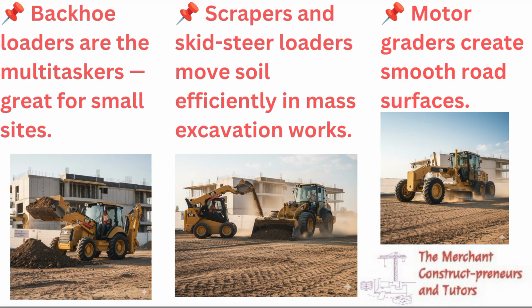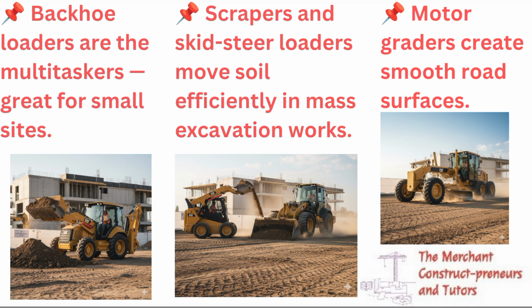Other excavation machines we have are the backhoes. The backhoe has a front loader and also an excavator together on one machine. You can see it in the image. You have the scrapers or the skid steer loaders. These ones are like mini dump trucks.